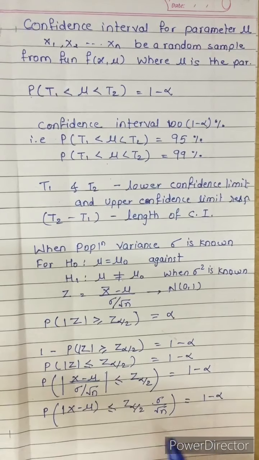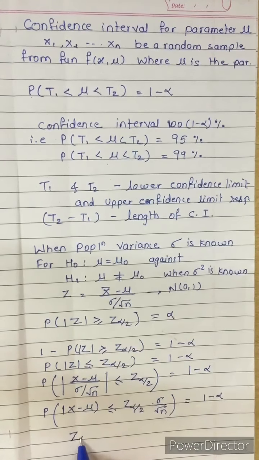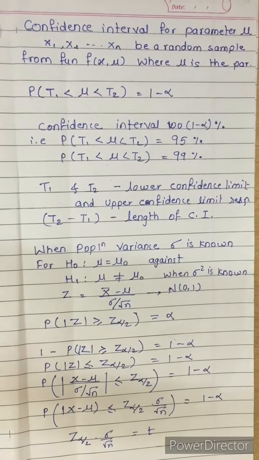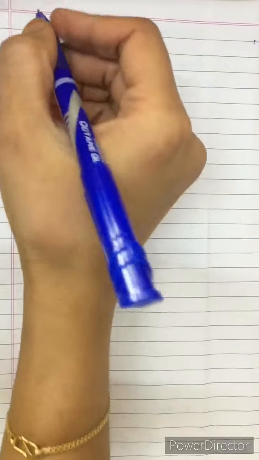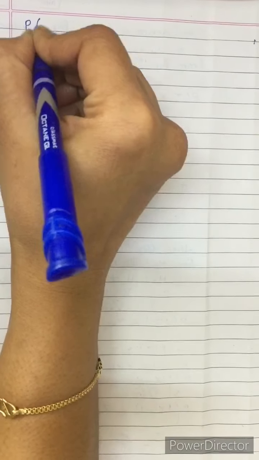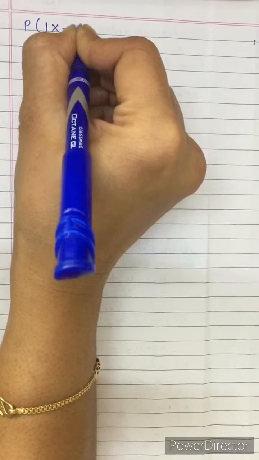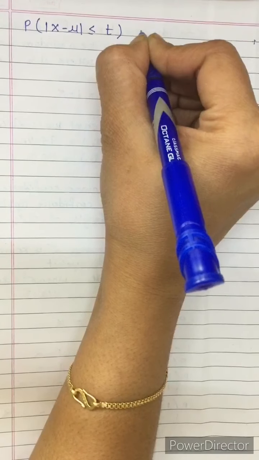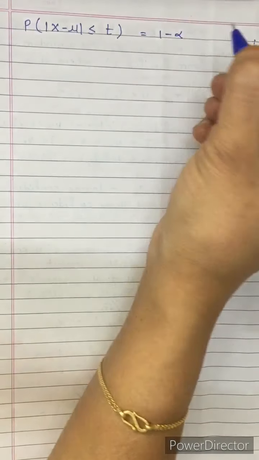Now for some steps we will take this z alpha by 2 into sigma by root n as t, just to simplify the equation. So we will take this term as t and work on that. Now we will have probability of mod x bar minus mu less or equal to t is equal to 1 minus alpha.